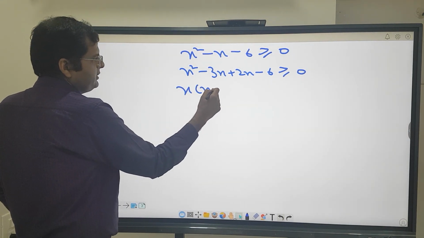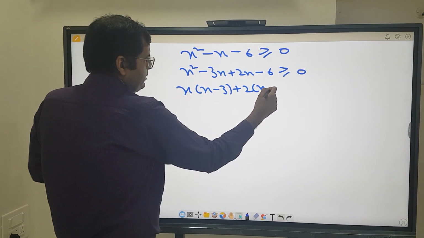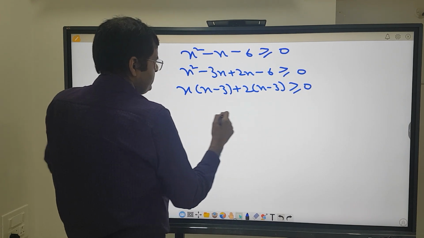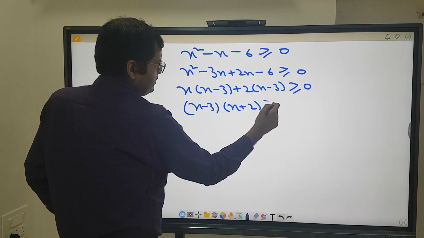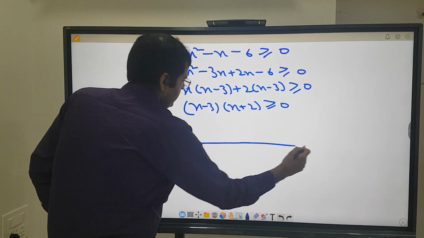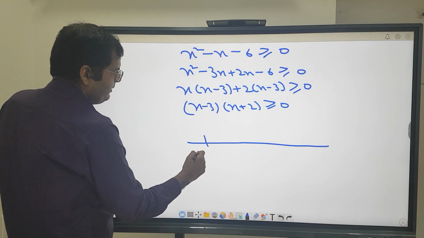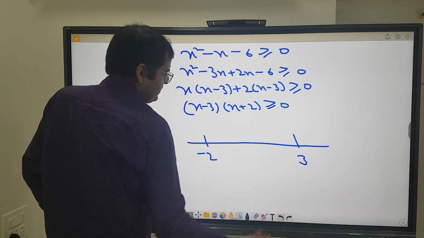This becomes x into x minus 3 plus 2 into x minus 3 is greater than or equal to 0, or x minus 3 times x plus 2 is greater than or equal to 0. Now if I write the critical points, they are minus 2 and plus 3.